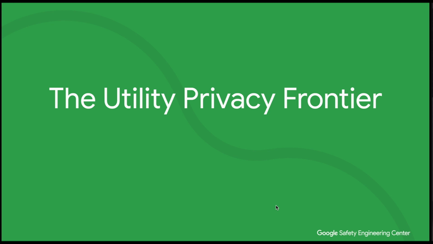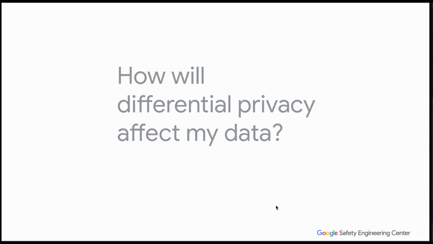Now I will talk to you a little bit about the utility privacy frontier. How will differential privacy affect my data? That is perhaps one of the first and most common questions that we hear from users trying to produce a differentially private output.